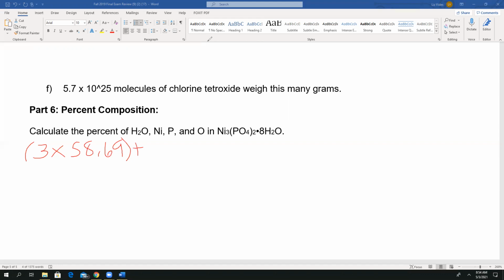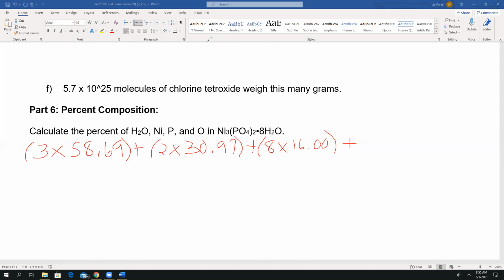Then we have, as you can see, 2 phosphorus, times 30.97. Plus 8 oxygens, because 2 times 4 is 8, at 16.